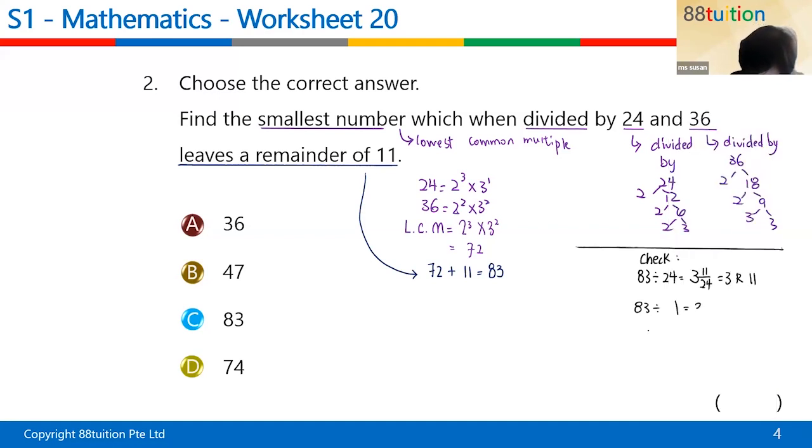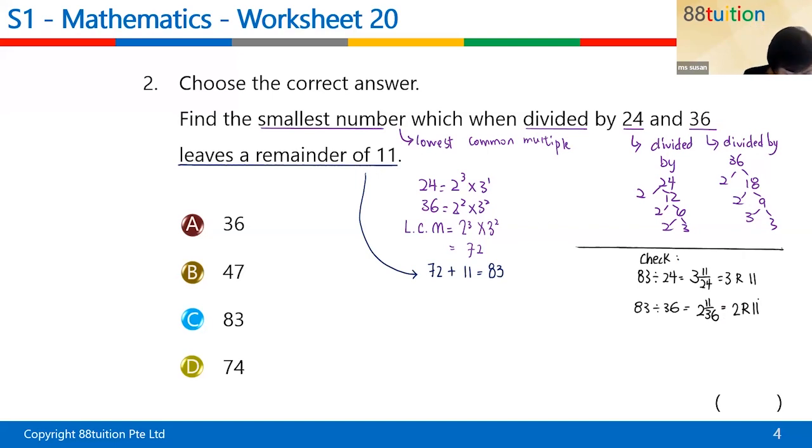Sorry, let me write this one again. You should have 2 36 and then minus 83. You should get 11 out of 36. Will give you 2 remainder 11.